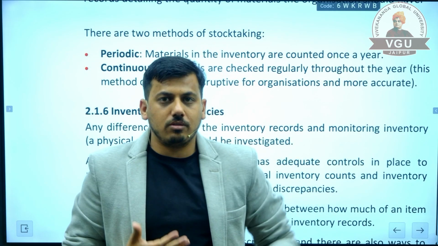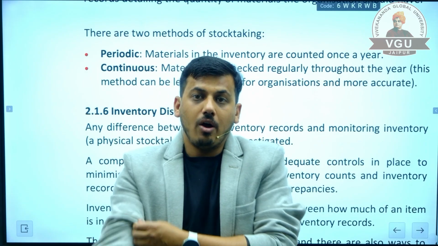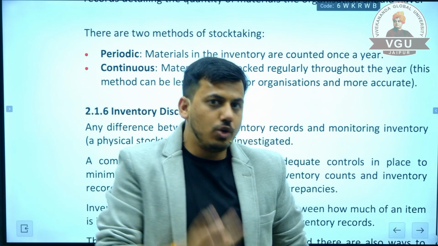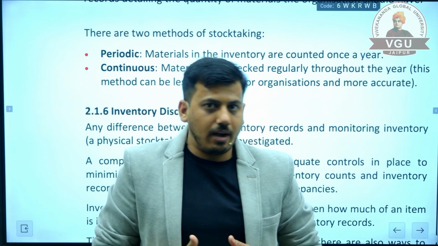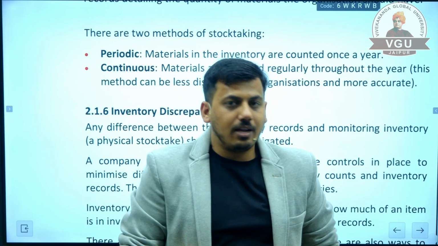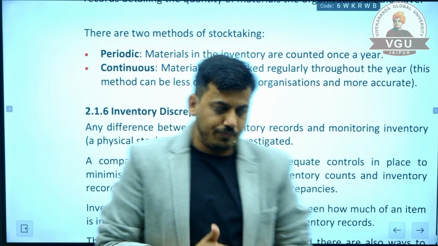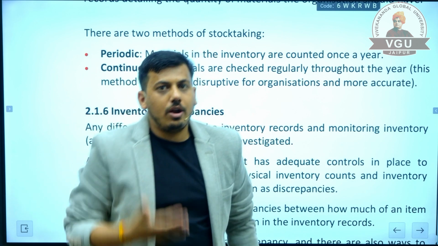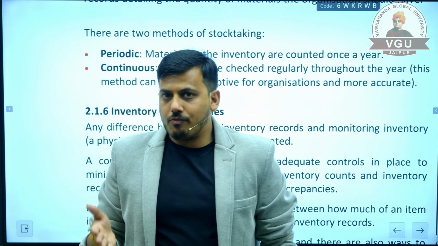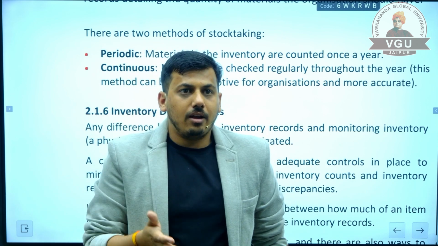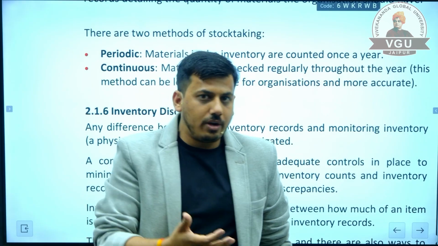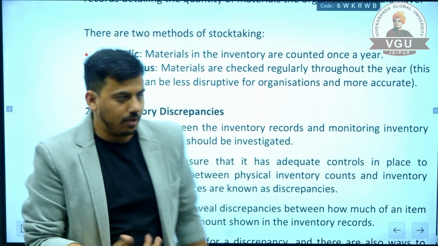Continuous stock taking means on each and every transaction you are taking care of your stock. It is done day to day with every transaction. Obviously if you are doing it each day with every transaction, then you will be getting more data and more accurate stock taking.